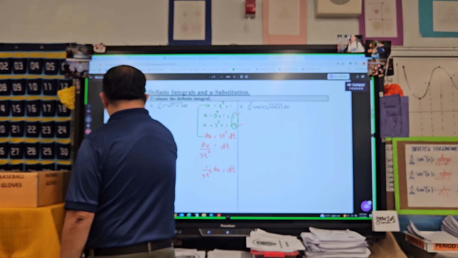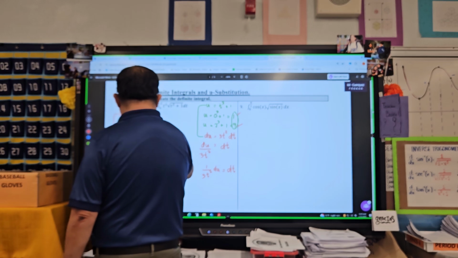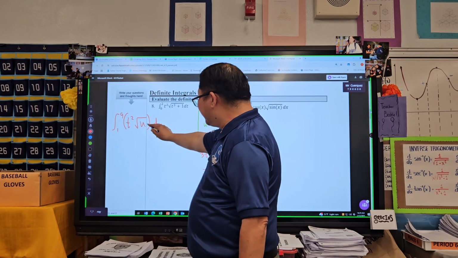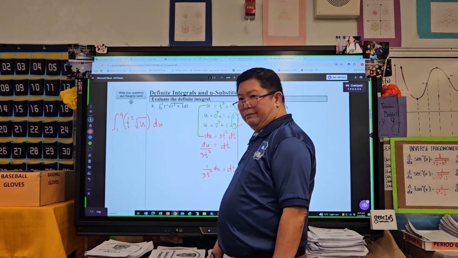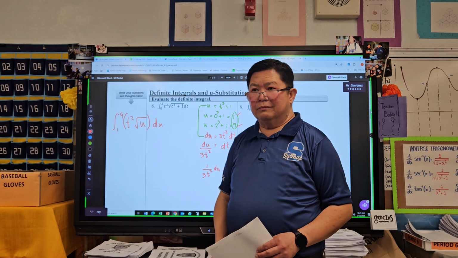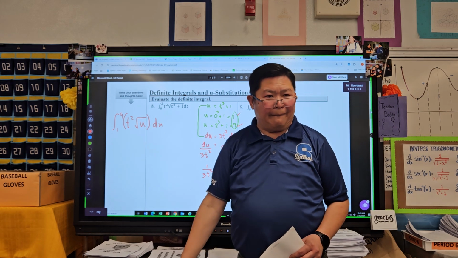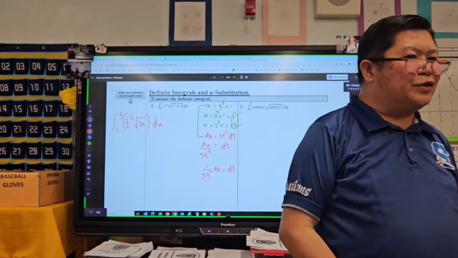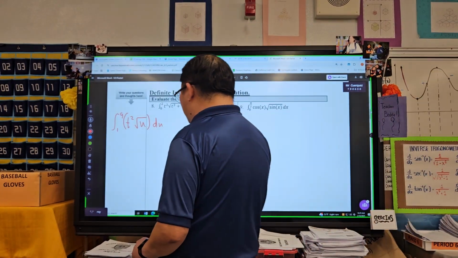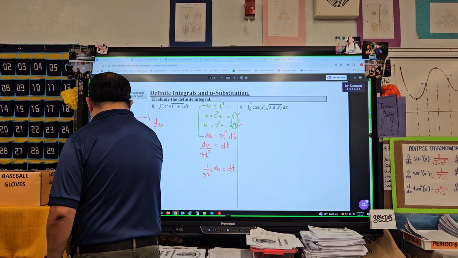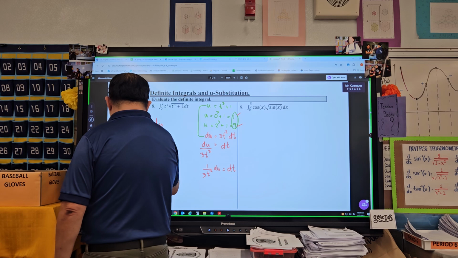But can we express this as exponential? What is the exponential form of square root of u? 1/2. Okay? So we now say the integral from 1 to 9, and we have t squared times u to the power of 1/2.